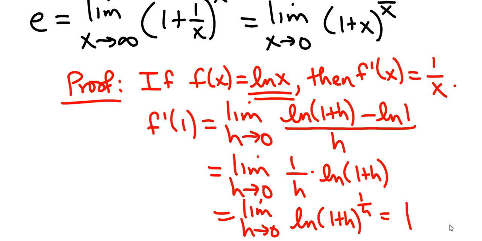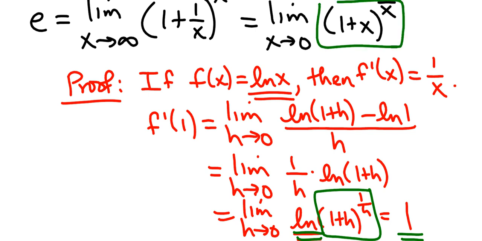So if the natural log goes to 1, then the thing itself has to go to e. The proof of it, that's the reason it works.